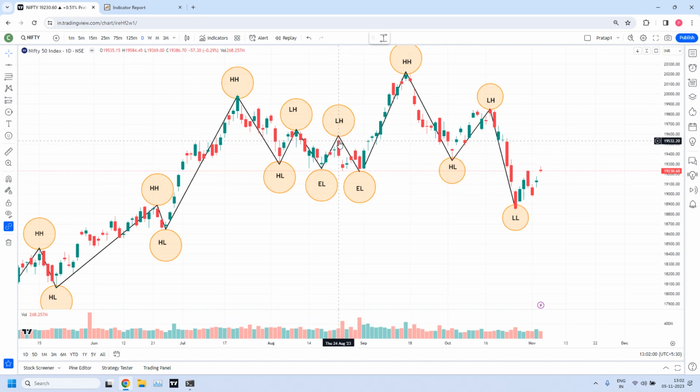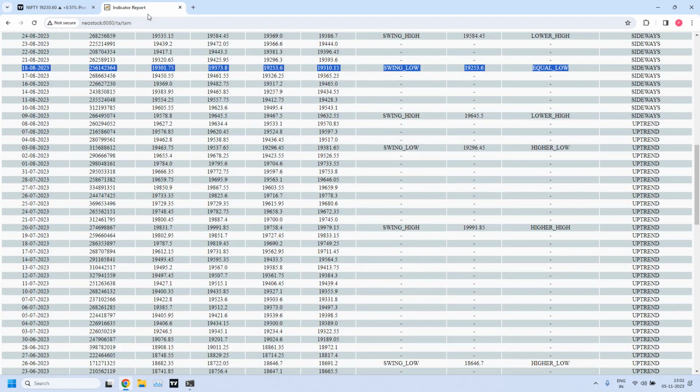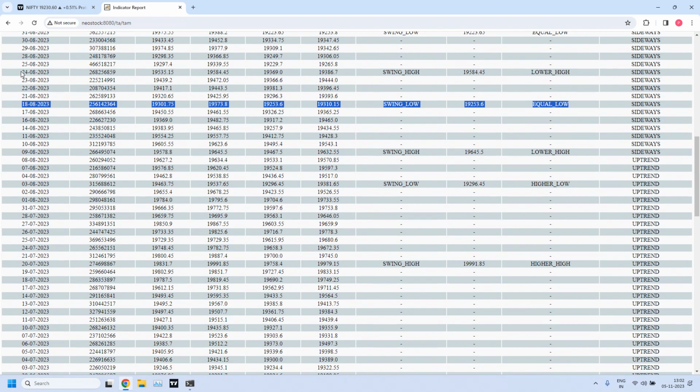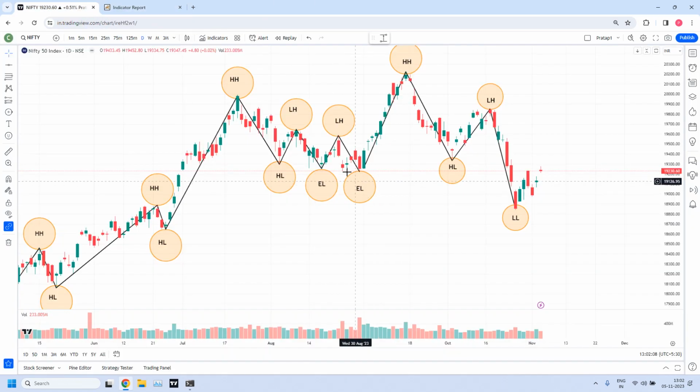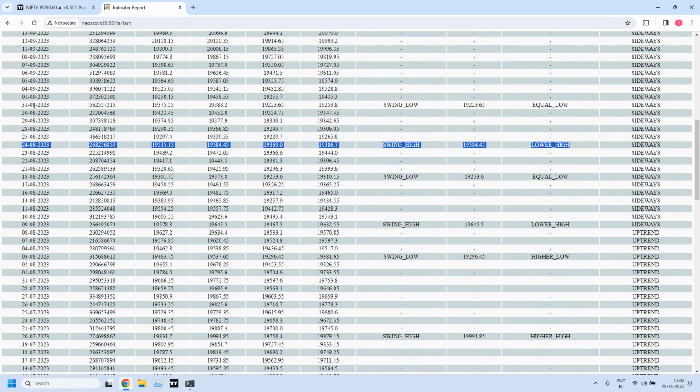Next we have 24th August, lower high. We have again 31st August, equal low.